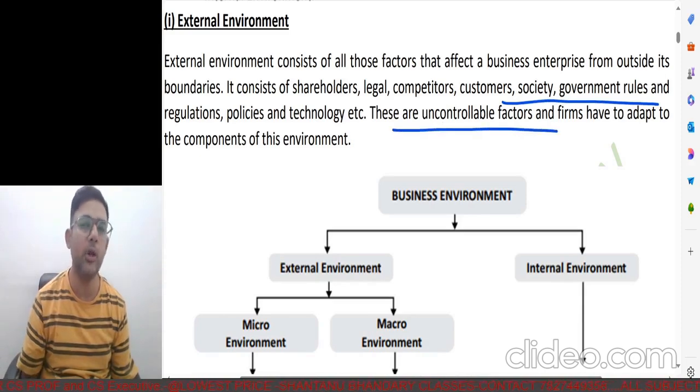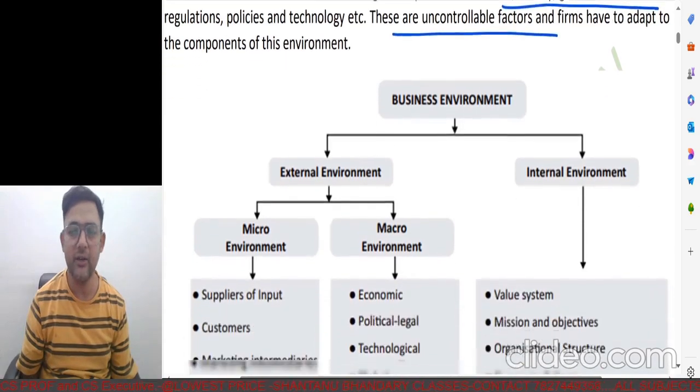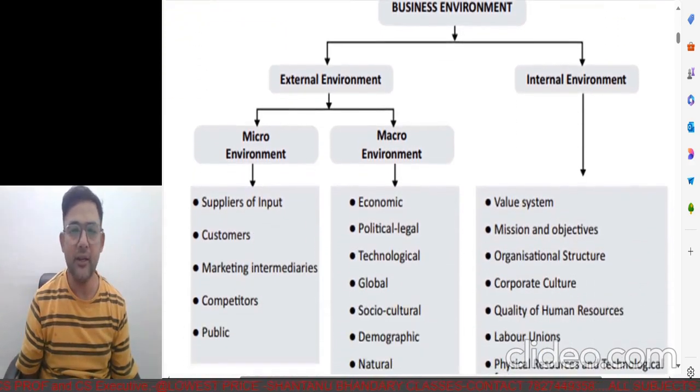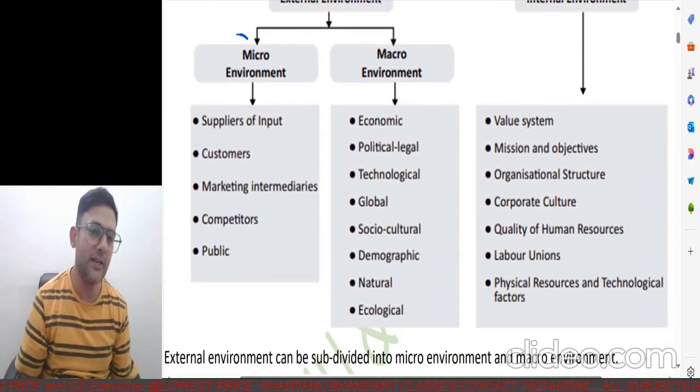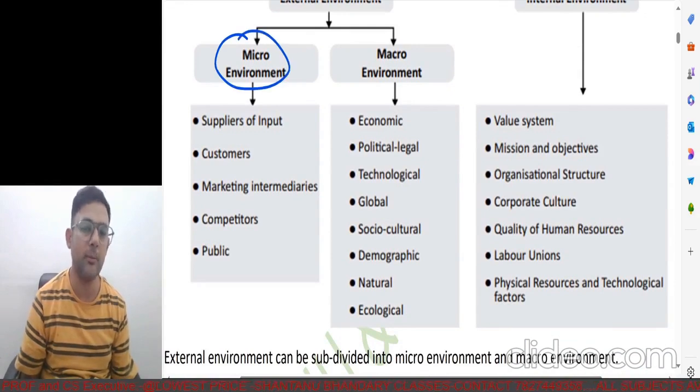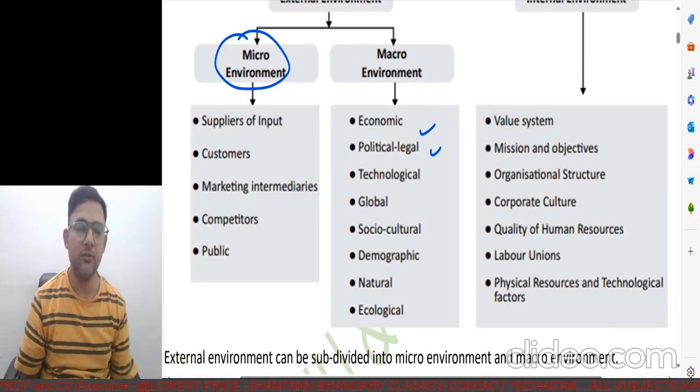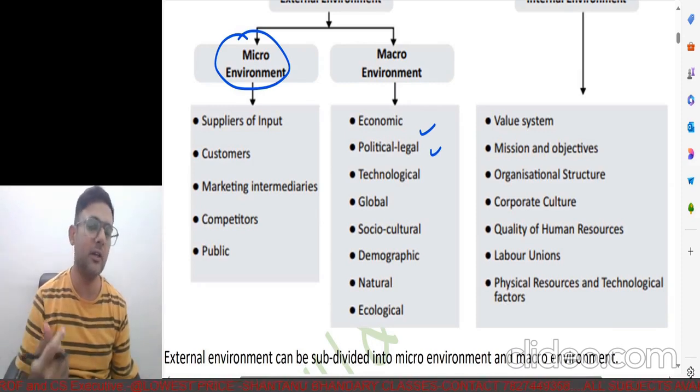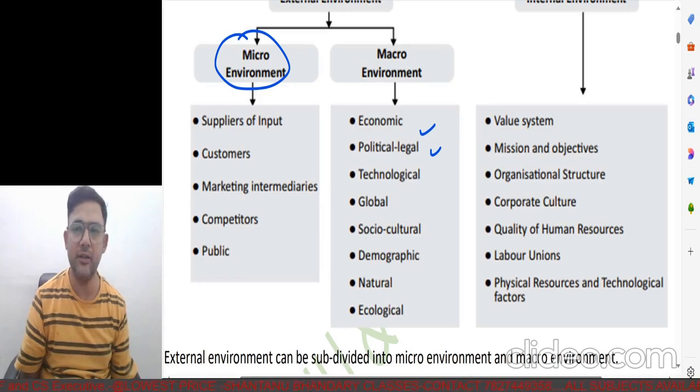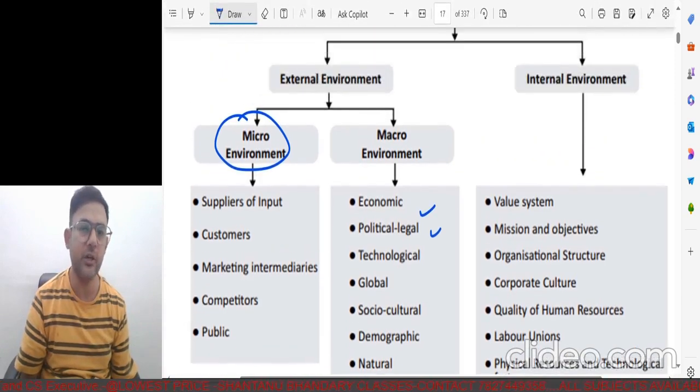These are uncontrollable. But in the external, there's another category called macro. The one I was talking about, which says global, the legal, the policy, the government, the economy, all of that is part of the macro side of things under the external factors.